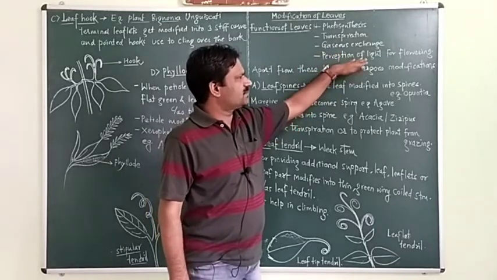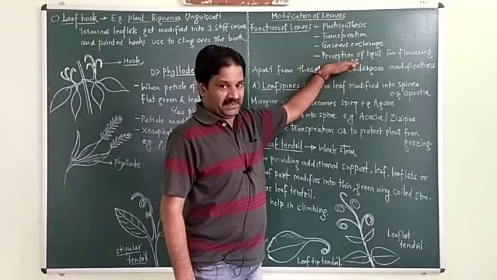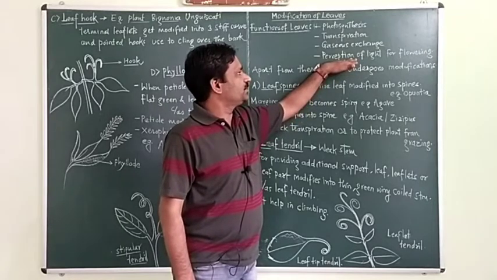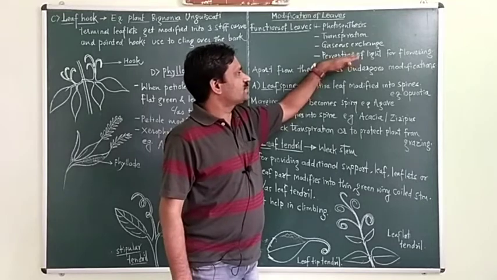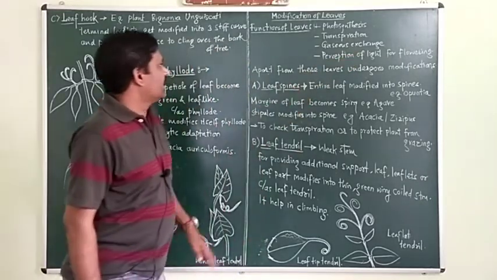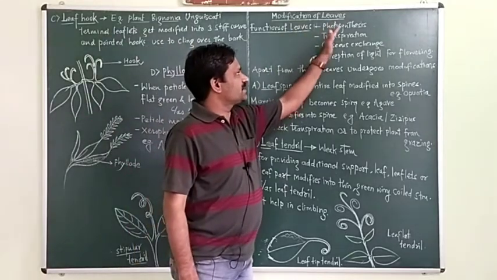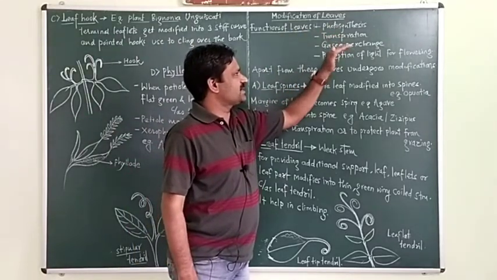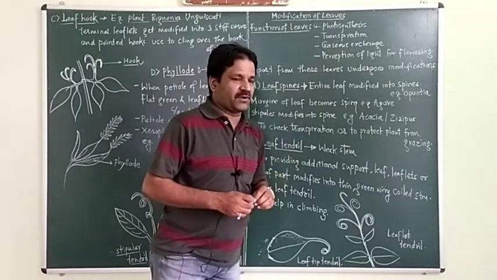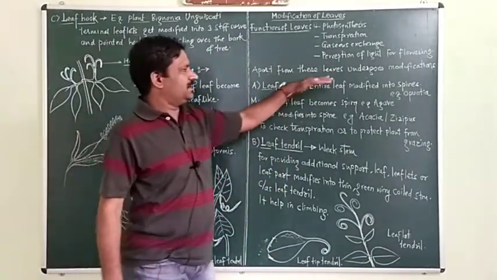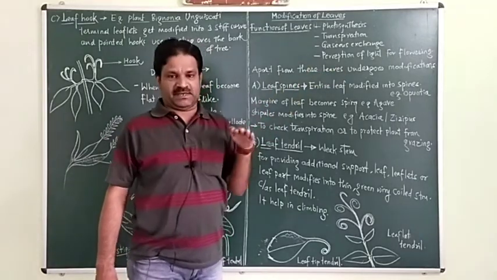And perception of light for flowering means the maximum light is absorbed due to the position of the leaves and flowers. Now see, apart from these functions, photosynthesis, transpiration, gaseous exchange and perception of light for flowering, leaves undergo certain modifications.